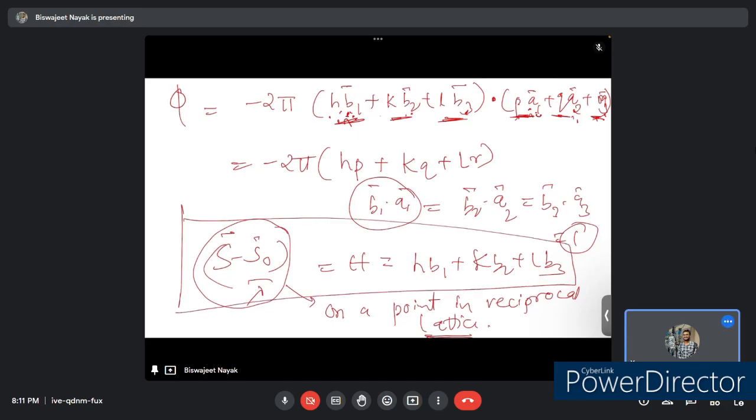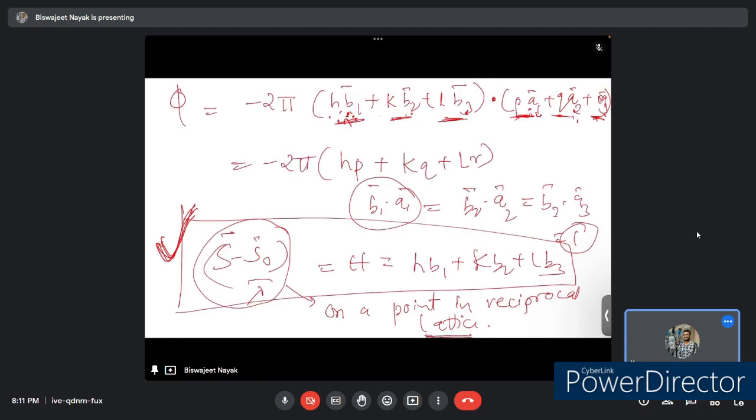So for this to happen, this must satisfy this equation. This is the fundamental equation from which both Bragg's law and the Laue equations can be derived.